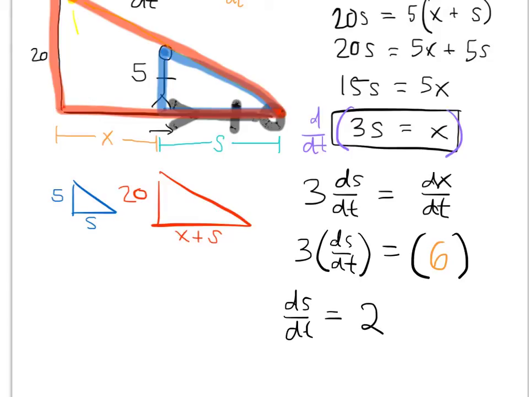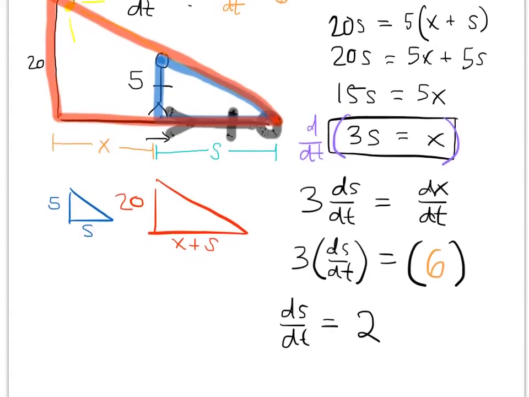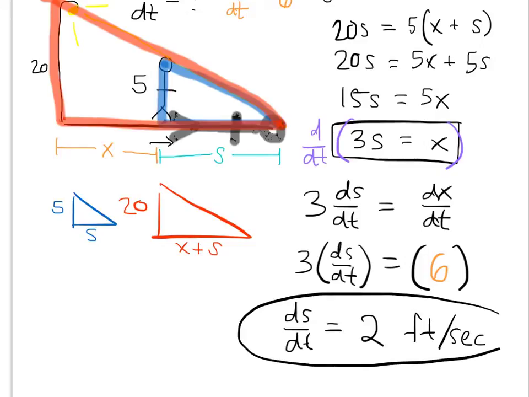And in this case here, since it's a shadow that we're dealing with and it's a rate, that's going to be what units here? That's going to be feet per second. So let's go ahead and write our units, feet per second. And there it is, everybody. There's our first example of similarity and proportions solved.